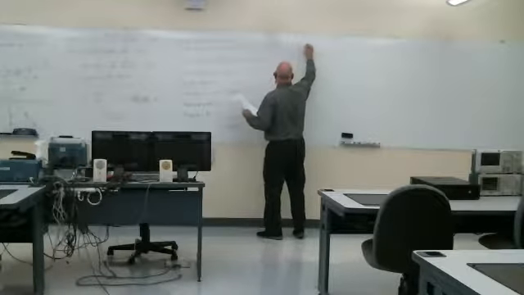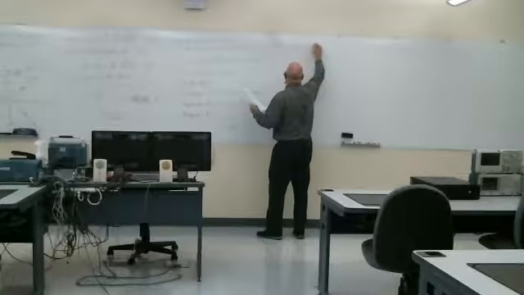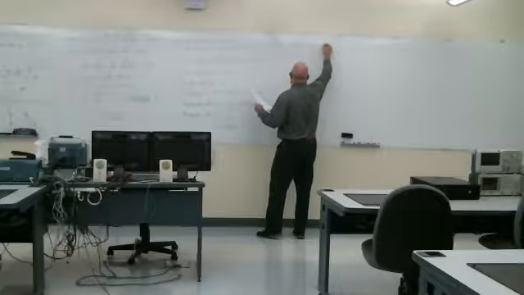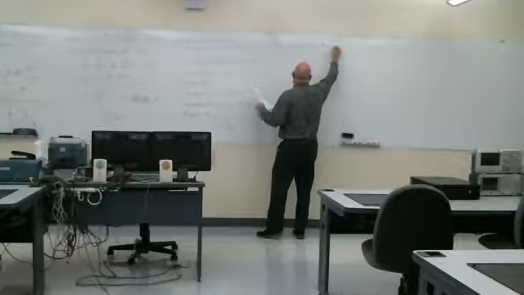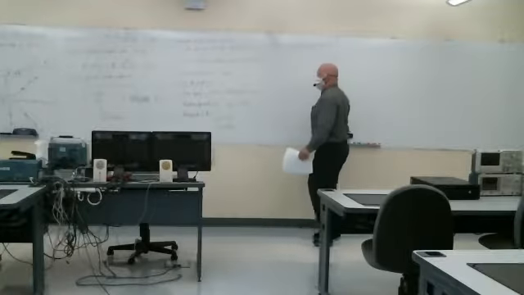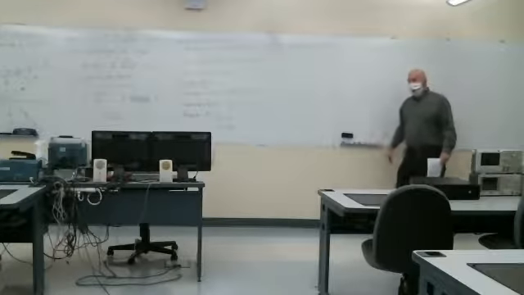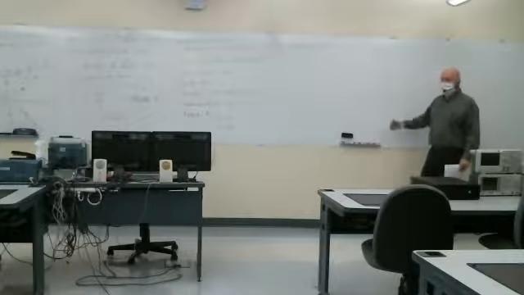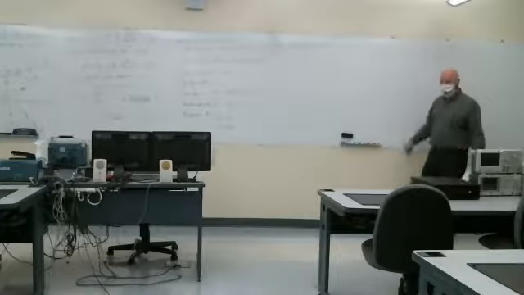There's one other field related to the electric field that we'll deal with in this course. It's called the electric flux density. And flux is a funny word. It's Latin for flow.